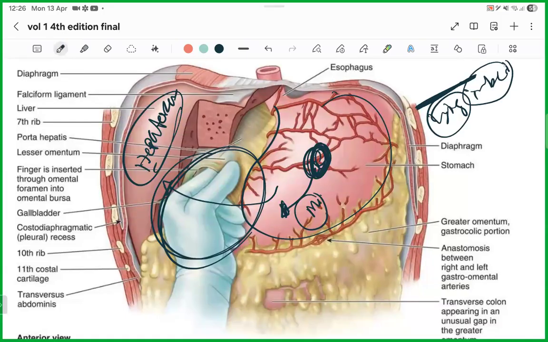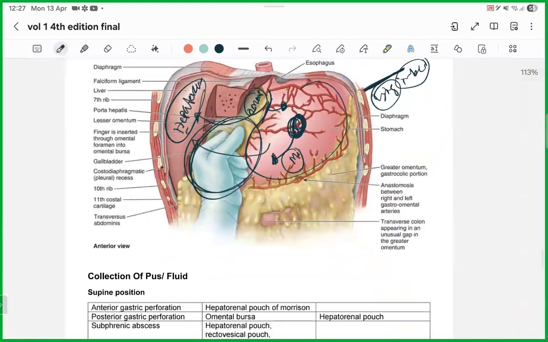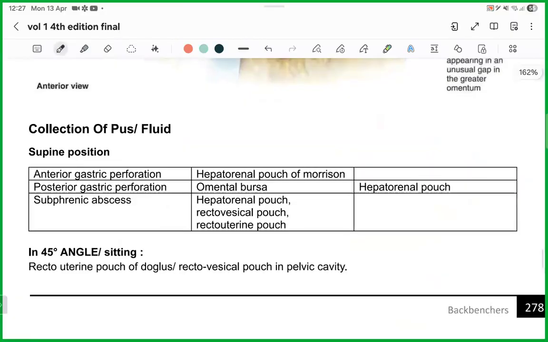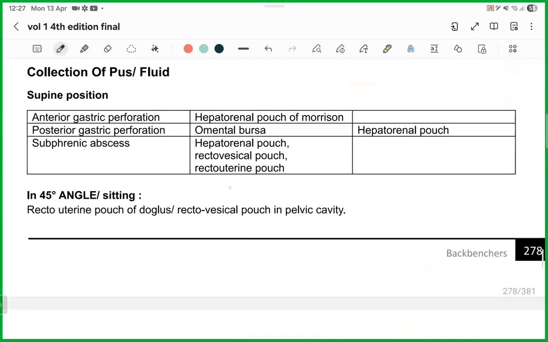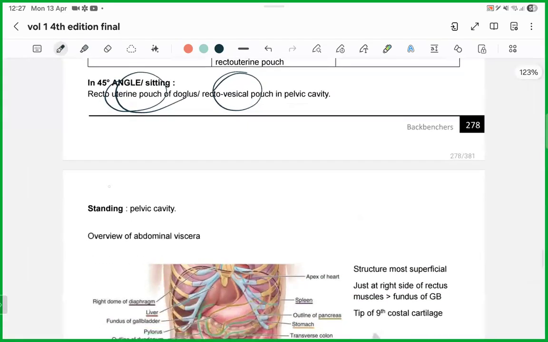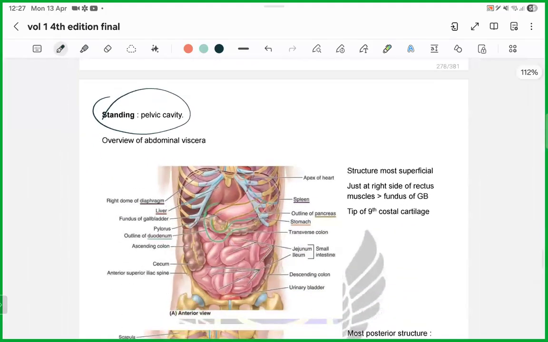If we have a posterior gastric perforation, first it will go to the omental bursa, and then to the hepatorenal pouch of Morrison. Now let's say the person is sitting or standing. In that case it will go to the rectouterine pouch of Douglas or rectovesical pouch in the pelvic cavity. It just goes to the dependent part.